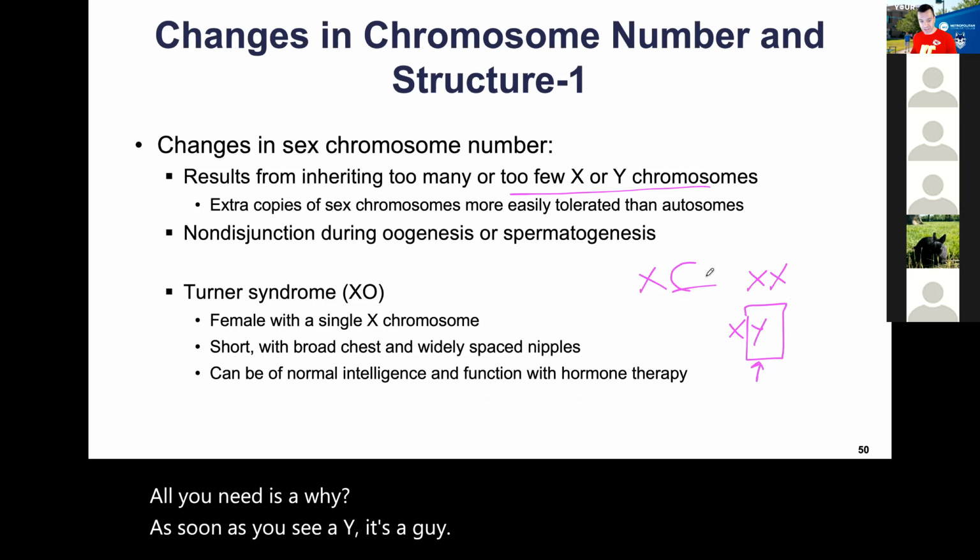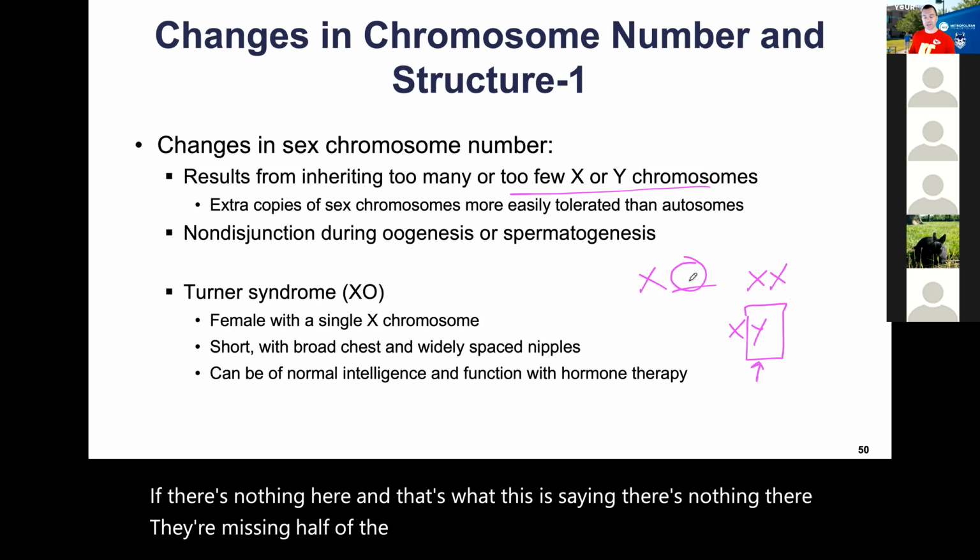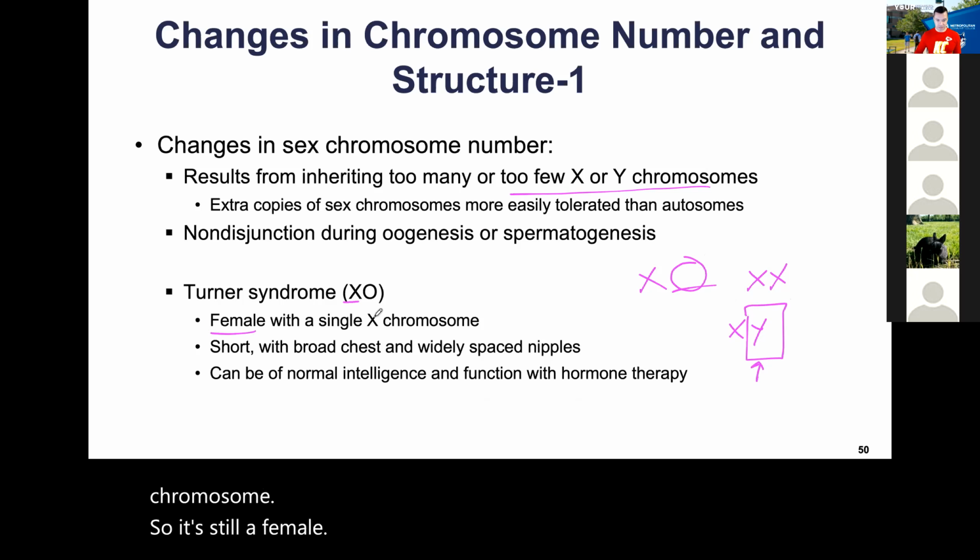If there's nothing here, and that's what this is saying, there's nothing there. They're missing half of the genetic material associated with that sex chromosome. So it's still a female, because there's no Y.